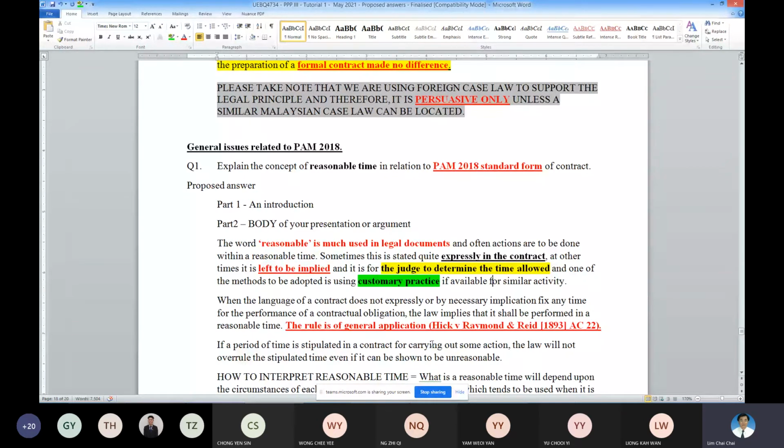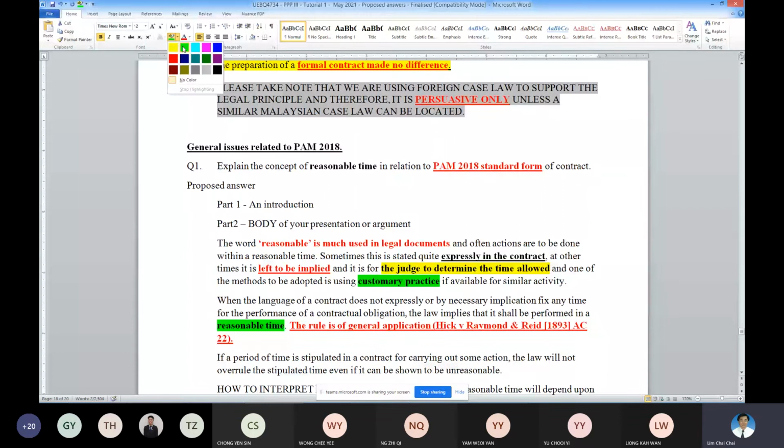So if it's customary for, let's say, this construction project at this location, reasonable time means 3 weeks, then that is reasonable. And at the other location it is 4 weeks, then the judge says, okay, the reasonable time is 4 weeks. So what time amounts to reasonable is up to the judge to decide, and not for the consultants or the contractor to decide. So this is how it is interpreted.